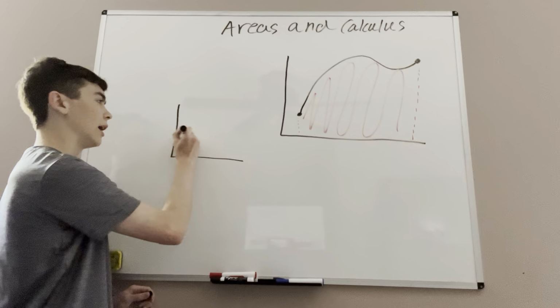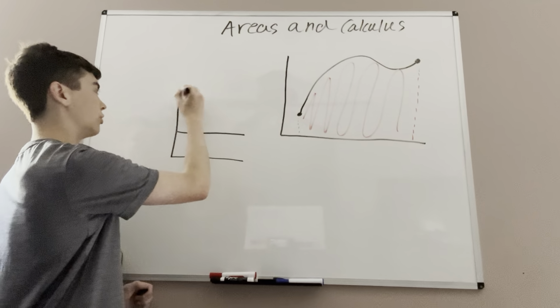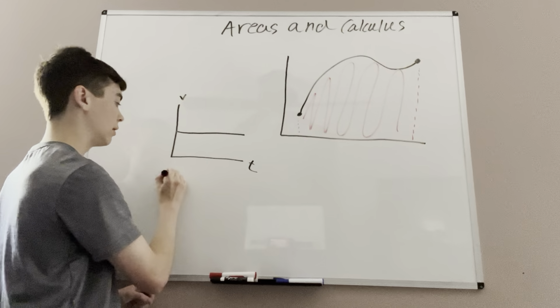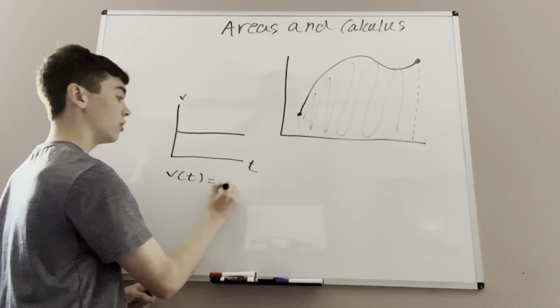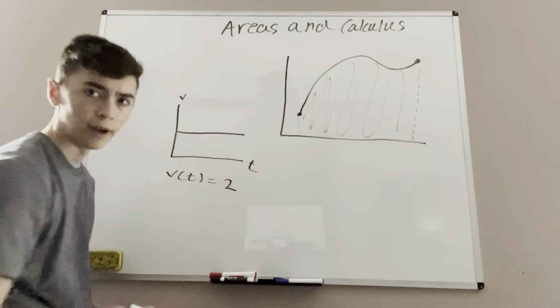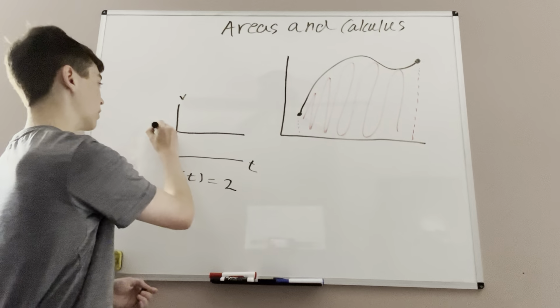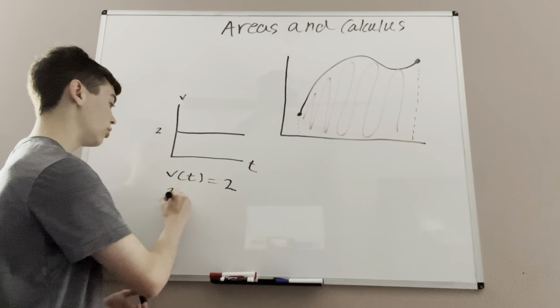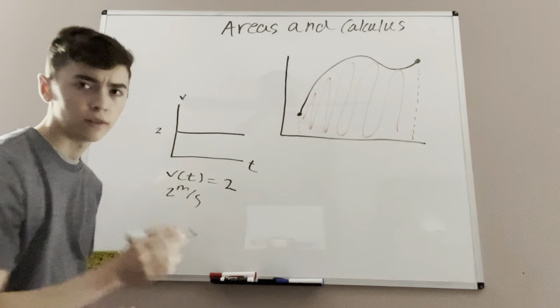Well, if I draw a graph of velocity v as a function of time, velocity is simply equal to 2, right? And this is at v equals 2. We are traveling at 2 meters per second, and that's a constant value, right?